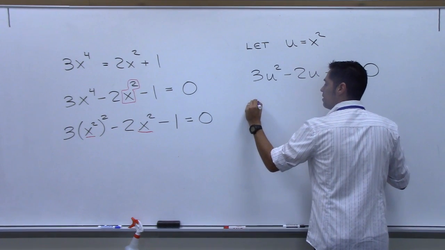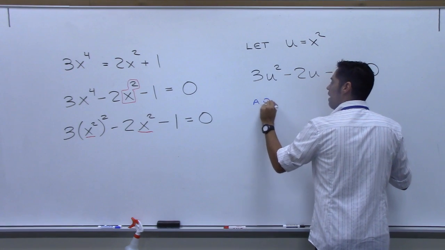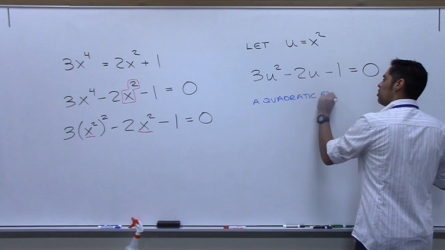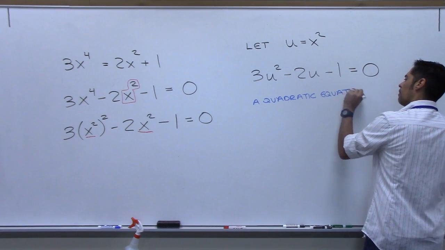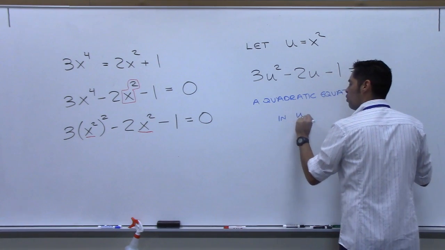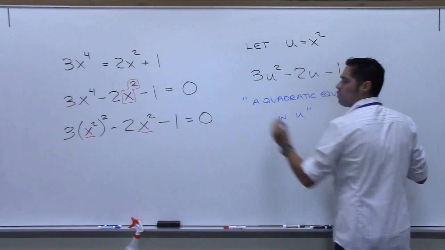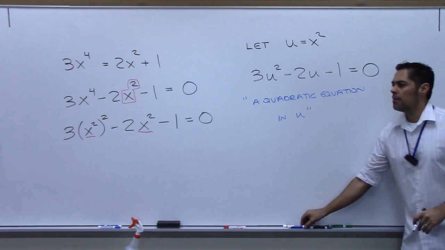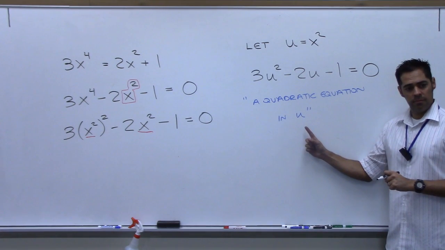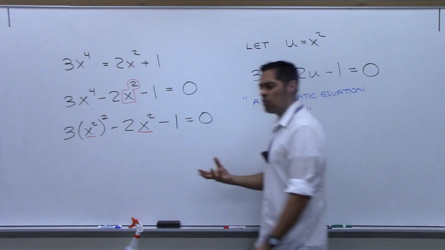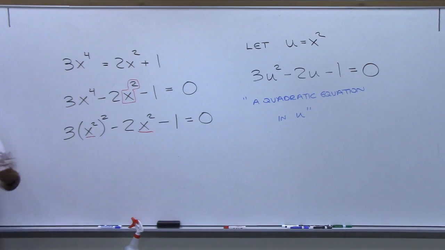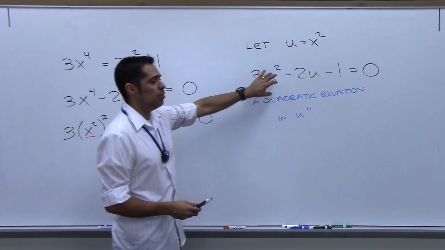This right here is a quadratic equation in u, meaning that the variable is u. Anytime you're talking about quadratic equations, we've always used x in the past, right? So I've never had to tell you, hey, this is a quadratic equation in x. X is the variable. This is a quadratic equation in u.